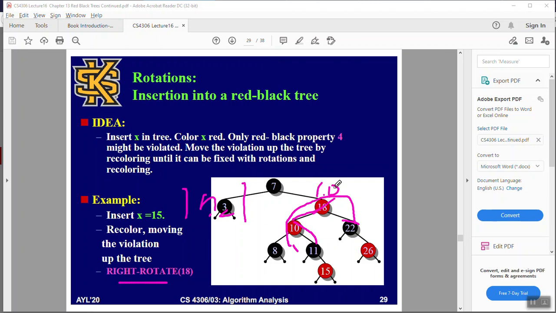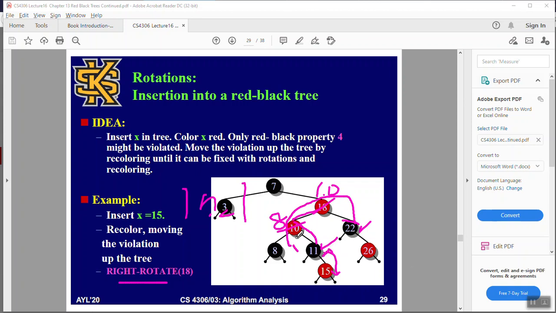And then 8 will come over here, this place will be 8. Then 11 will be in position, and 22 will be in position, and 15 will be in position, but this node will move over here.